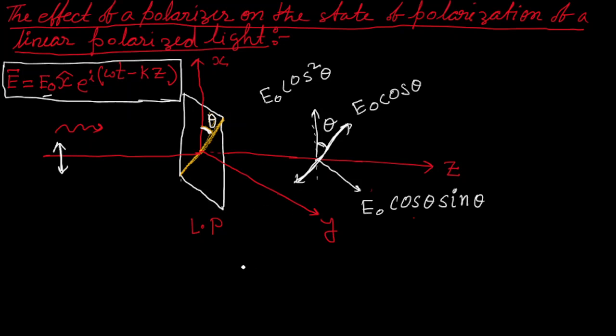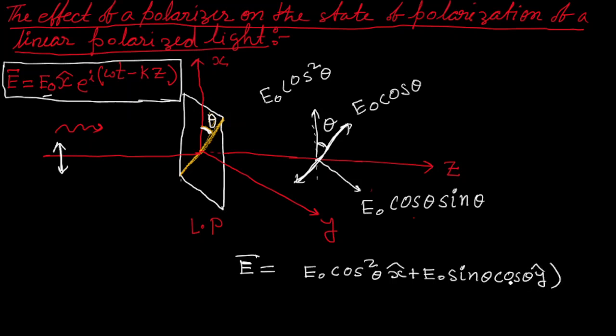So now we can write the mathematical expression of this wave after it passes through the polarizer. First we write the amplitude vector: E0 cos squared theta x-hat plus E0 sin theta cos theta y-hat.